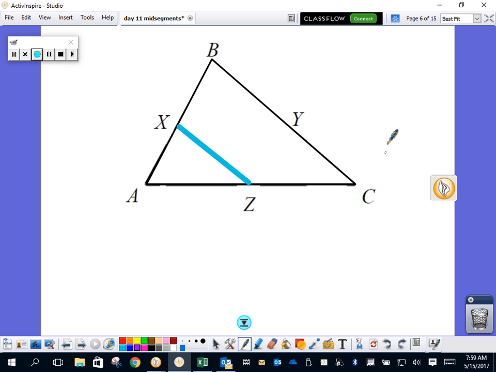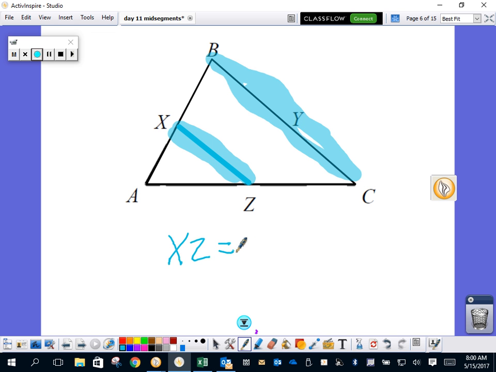Alright, there's another mid-segment. Okay? What do you notice about mid-segment XZ? It's parallel to what? DC. So try to highlight them because they're pairs, the same color. And then hopefully maybe you can make some conclusions. Maybe you could tell me, hey, XZ is 1/2 what?